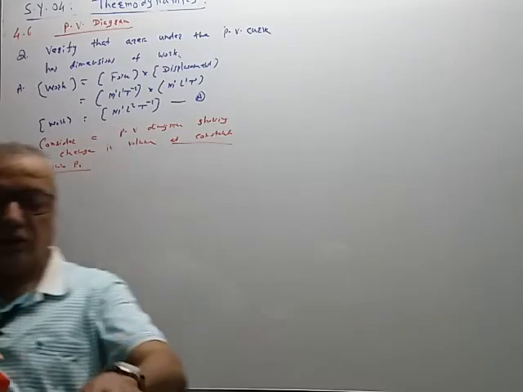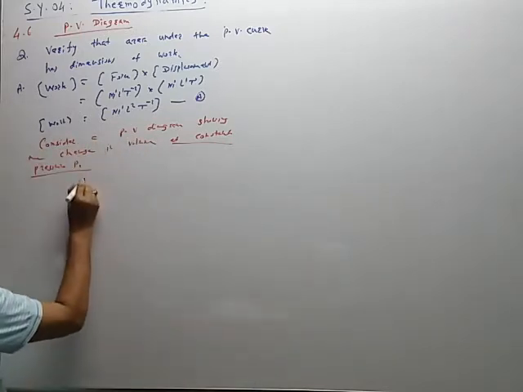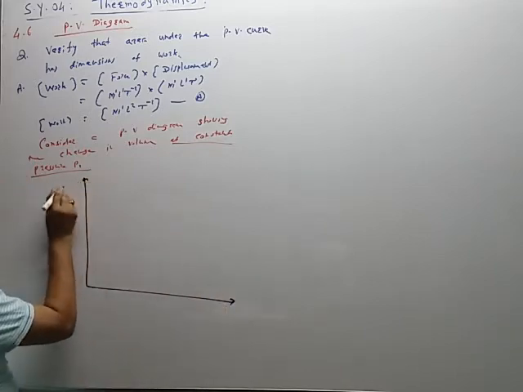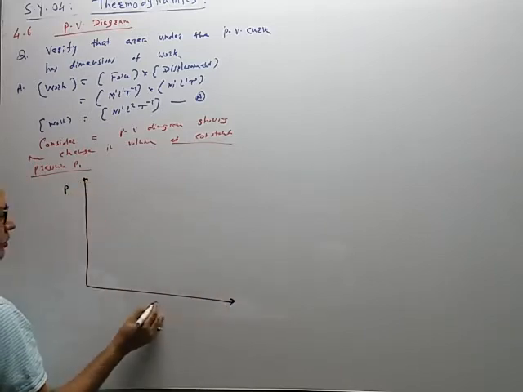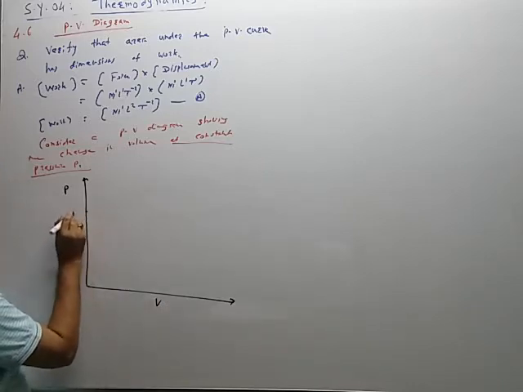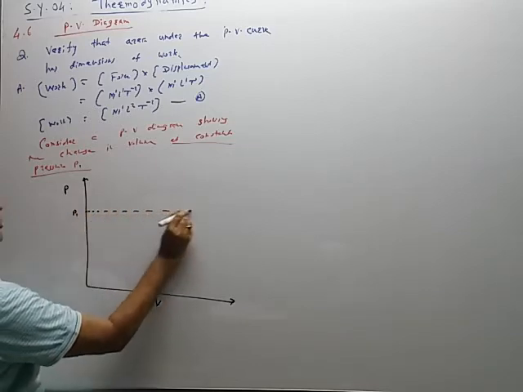So the PV diagram is like this. Pressure axis, volume axis. So this is pressure P1 and this pressure is constant.